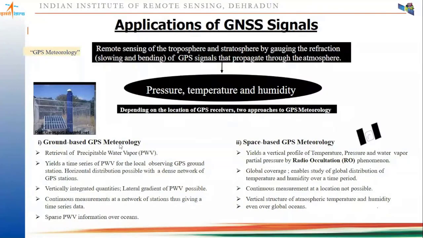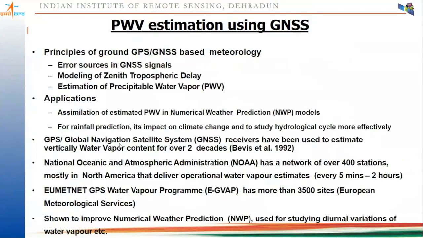One of the applications is the troposphere. As I told you, there is a hydrostatic delay and a wet delay. The wet delay is because of the PWV, the water vapor. So precipitable water vapor estimation will be done using GNSS. The principle of ground-based GPS GNSS meteorology is that we try to find the errors in the GNSS signals and the error sources.